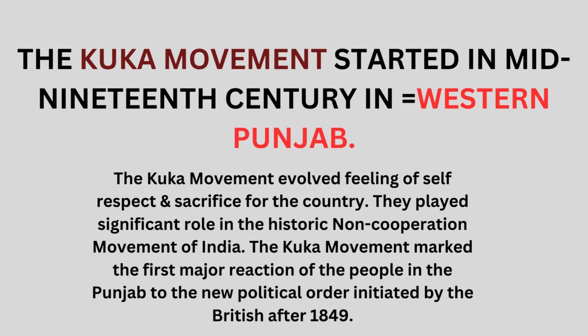The Kuka movement was basically a feeling of self-respect and sacrifice for the country, and this movement played a significant role in the historic non-cooperation movement of India. And the Kuka movement was the first major reaction of the people in the Punjab to the new political order initiated by the British after 1849.